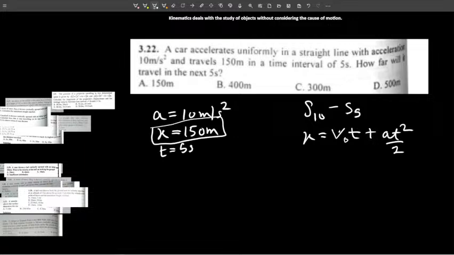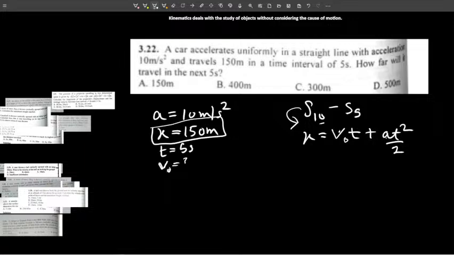I'm trying to calculate distance traveled in 10 seconds. I'll then subtract my answer from distance traveled in 5 seconds, which is 150. Then whatever I get is my answer. I have t to be 10, I have a to be 10, but I don't have v naught. So we have to find v naught. How can we find v naught? I can use the previous value to find the initial velocity of that car.